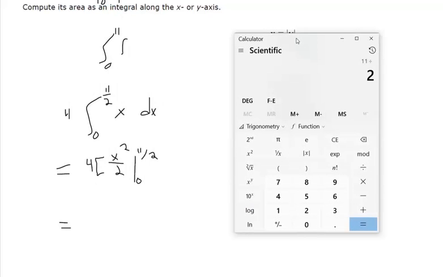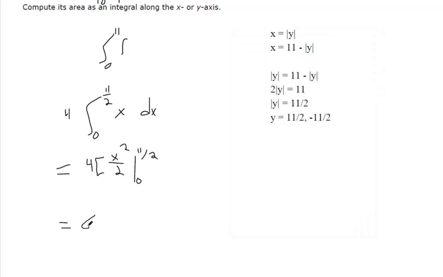So 11 over 2 squared, divide that by 2, times 4, having 60.5 for the area.